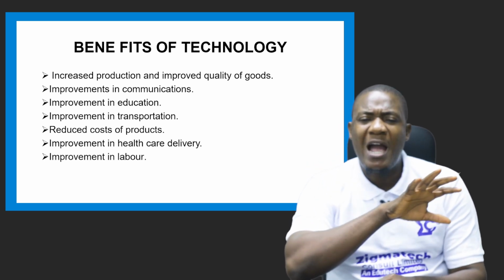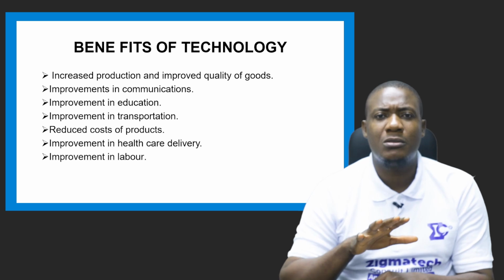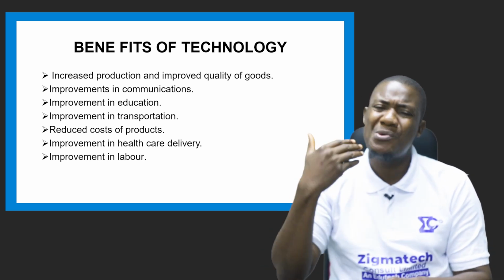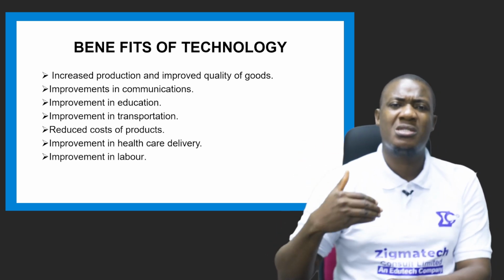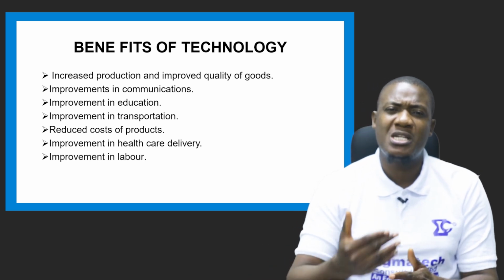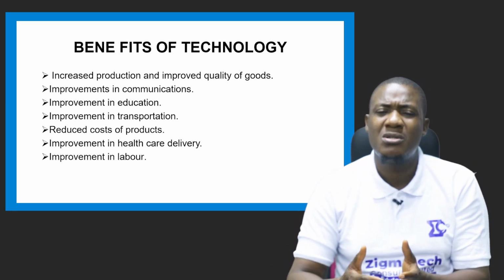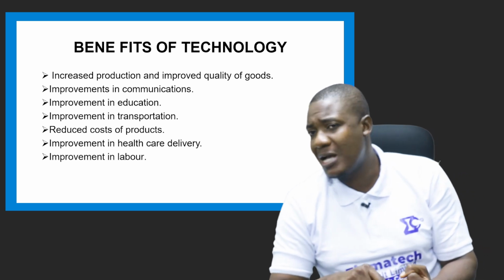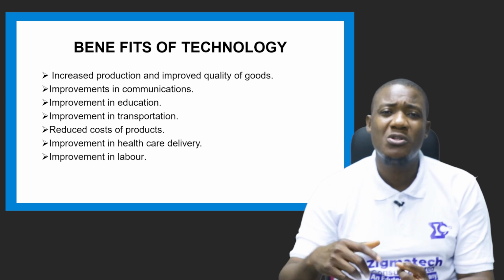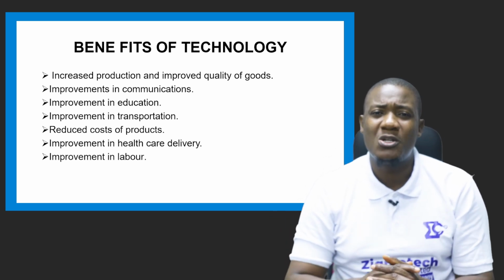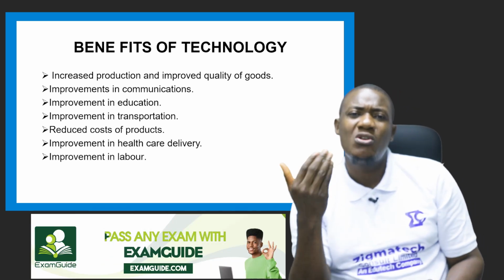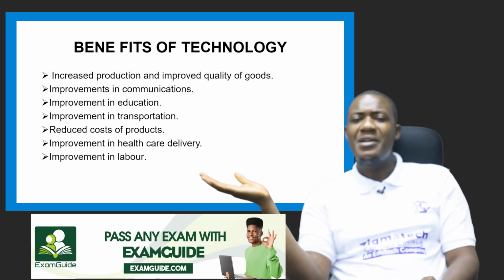Now, we have machines now, other than what we had earlier, where people have to manually perform certain functions in the factories for production. But now we have machines that can undertake certain functions. These machines will make the work faster, they will make it efficient, and they even improve the quality of goods and the time that it will take for such goods and services to be rendered. So technology has helped us in that area.